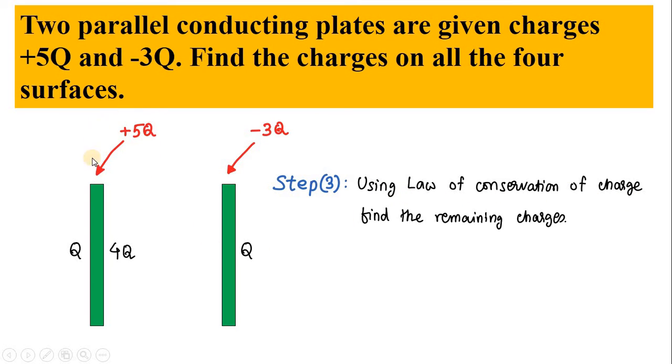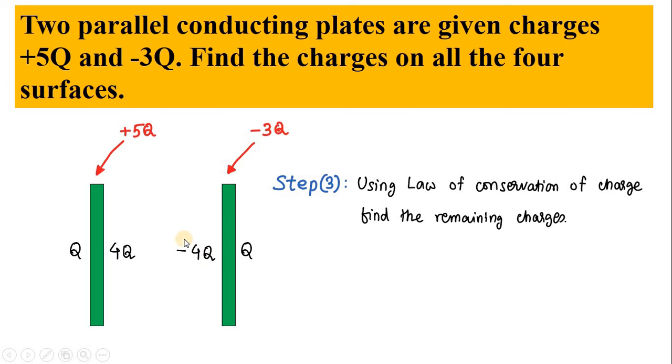So the initial charge given to the plate was 5q. The final charge on the plate must also be equal to 5q. So 4q plus q is equal to 5q. Using the same law of conservation of charge on the second plate, if minus 3q charge was given initially to this plate, then in the final condition also the sum of the charges on both surfaces must be equal to minus 3q.